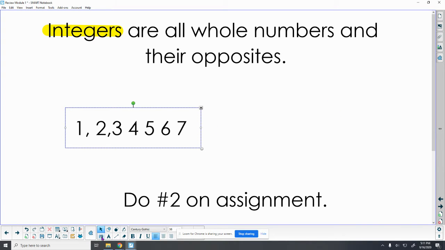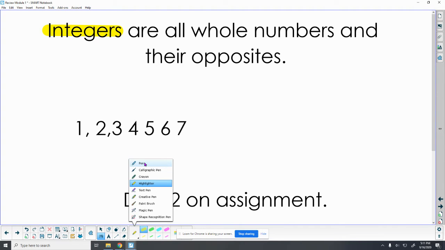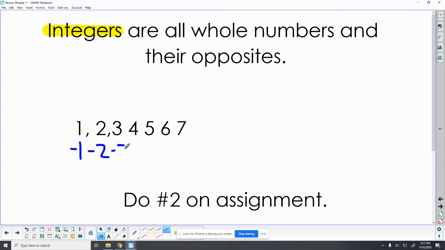And it's also including their opposites. So we can also have negative 1, negative 2, negative 3. So every time you have a whole number with no decimals or fractions, whether it's positive or negative, that is considered an integer. So pause this video and do number 2 on the assignment.